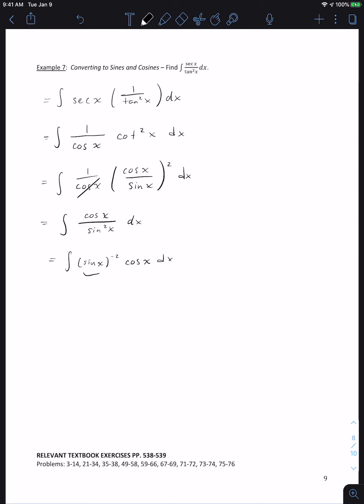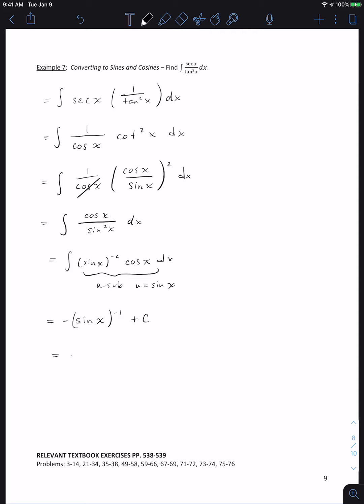Again, this is going to be a u sub with u equals sine x, because the derivative of sine x is cosine x, which is perfectly right there. So here I treat this like u to the negative 2, so the antiderivative would be u to the negative 1, and instead of u, our function is sine of x to the negative 1 plus c.